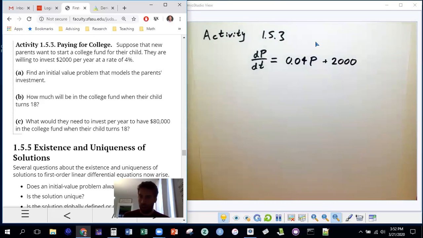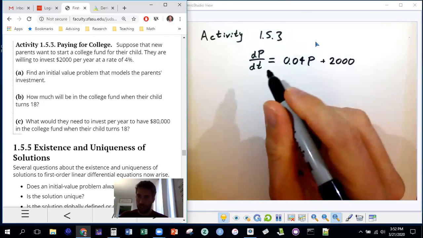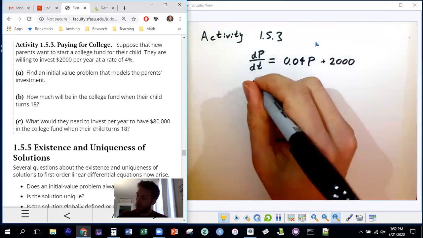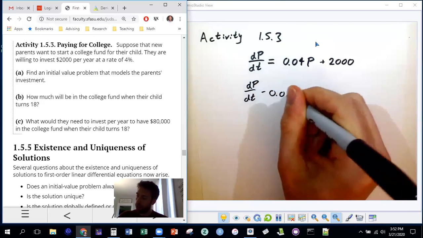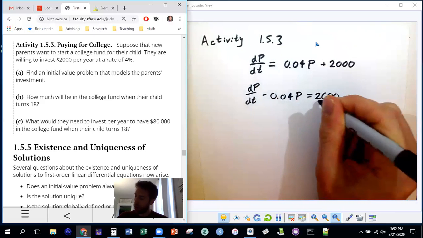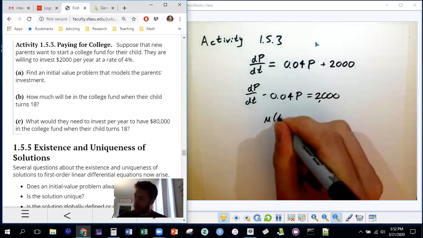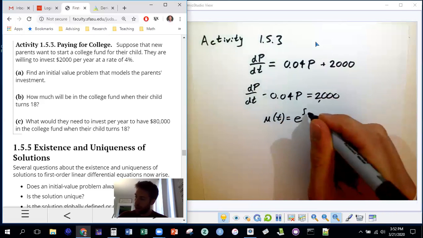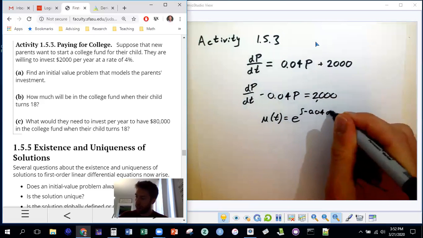Okay, so now let's solve this. We want to write it in the form that we like best. So dP/dt minus 0.04 P equals 2,000. That makes our integrating factor equal to e to the integral of negative 0.04, just a constant, dt.